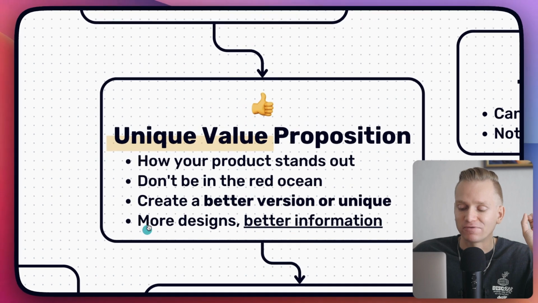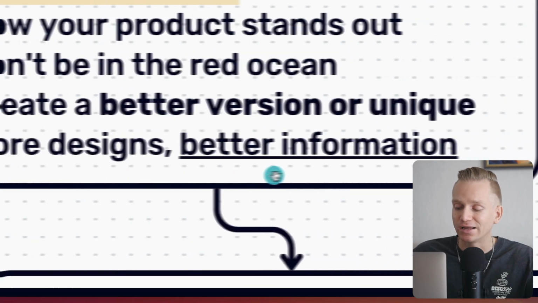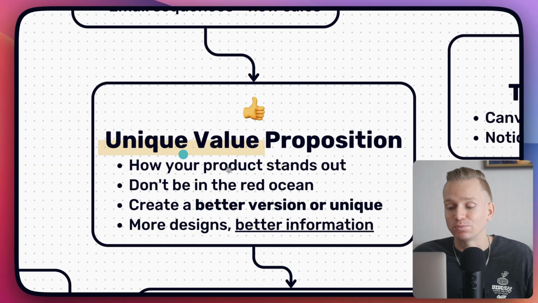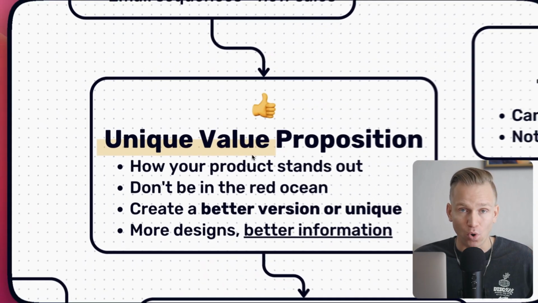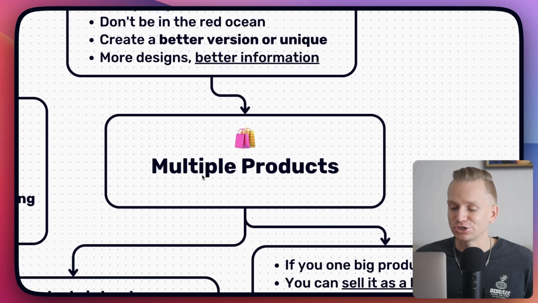If you're creating a better version, you can add more designs, perhaps better information, whatever it is. However, if you are creating something unique, you can create a category of one, and then you don't really have any competition. That's usually the best way to go, though it might not always be possible.